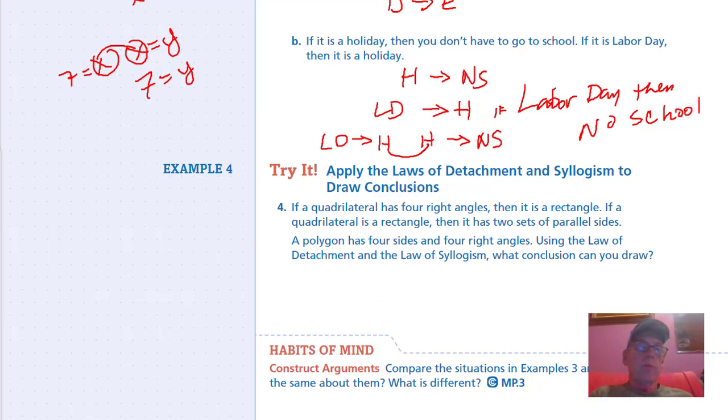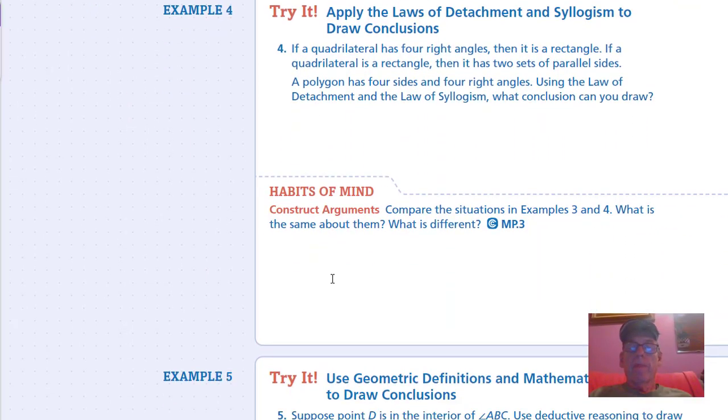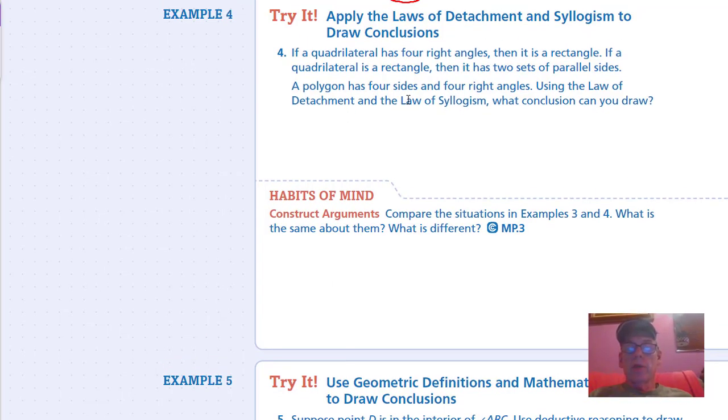Okay, let's look at number 4. Now this uses a combination of both. So if a conditional statement is true, that means that if the hypothesis is true, the conclusion is true. That's the law of detachment.